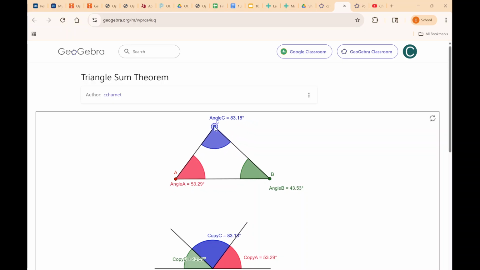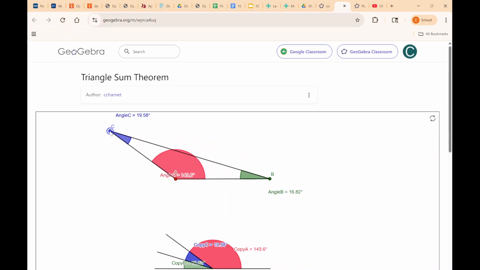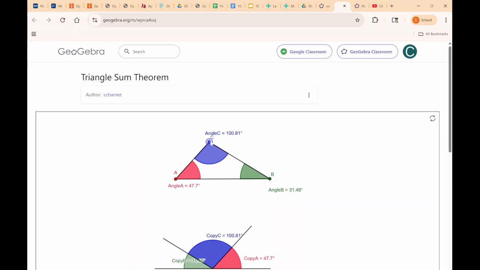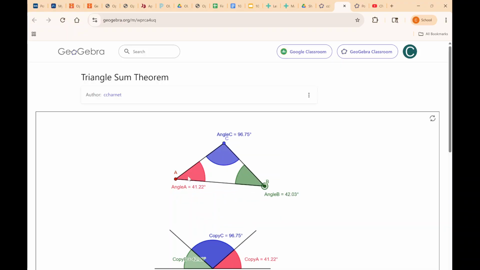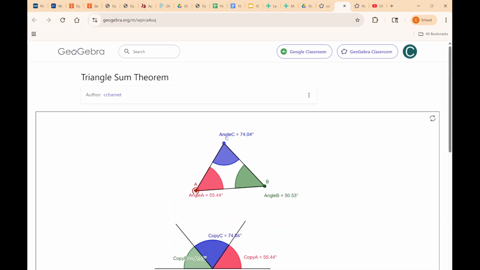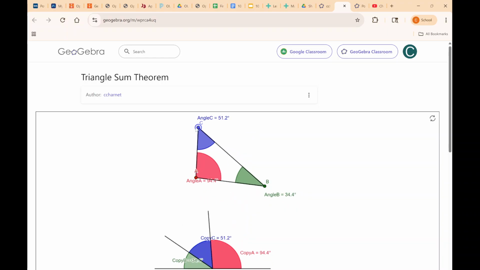We could even try different triangles. Maybe if I move things around, things will be different. Maybe make it really obtuse. Well, that still works. Basically any triangle I make, it's always going to add up to 180 degrees.